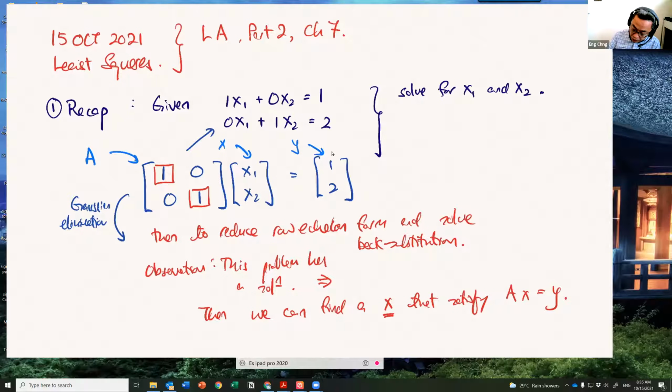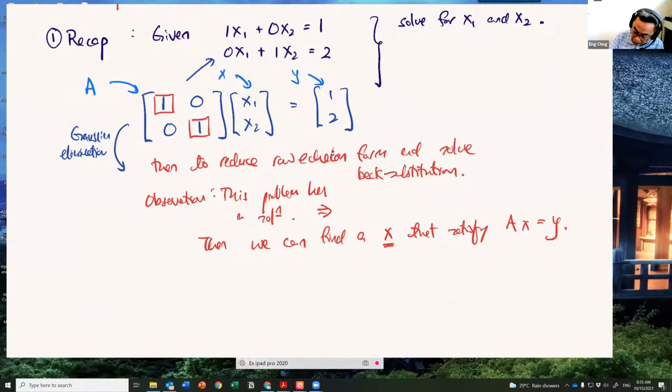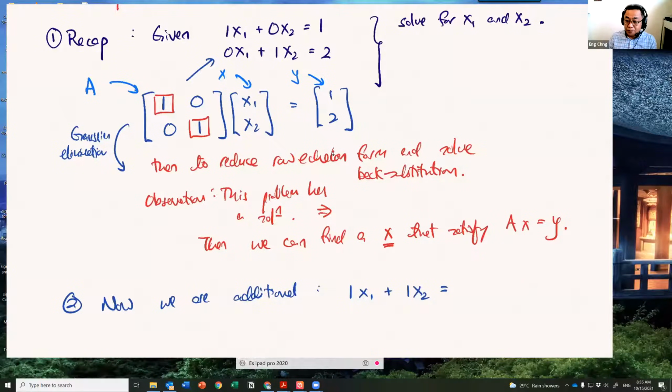All right, I'm going to throw a spanner in this equation, and I'm going to introduce an additional equation. So from this example, now we are given an additional equation, 1x1 plus 1x2 equals to, okay, so guys, please help me out.